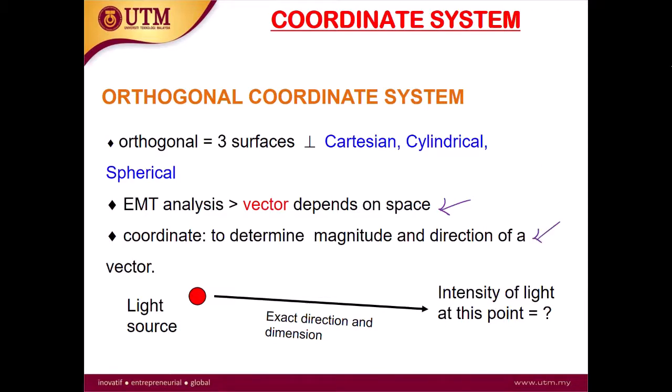For example, if we have a light source here and we want to find the intensity of light at this point, that point indicates the coordinate at a certain region, and to find the intensity of light at that point, we need vector analysis.